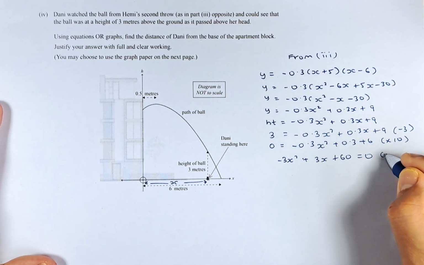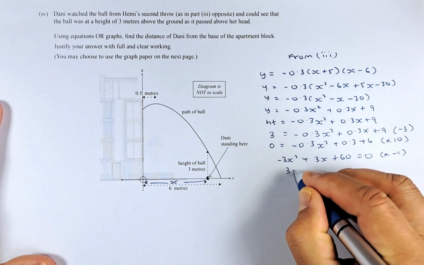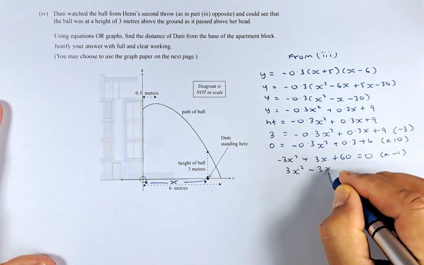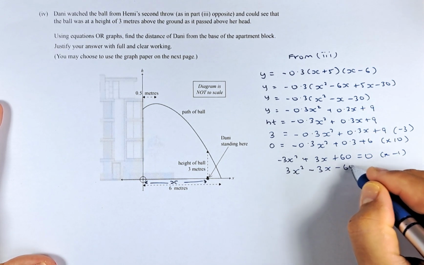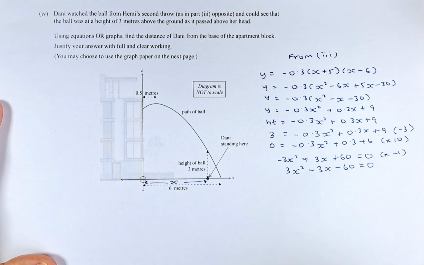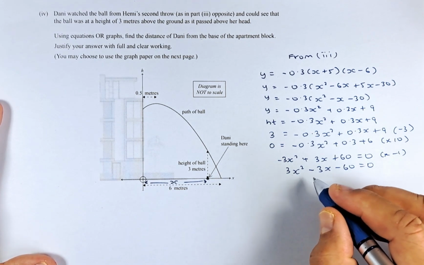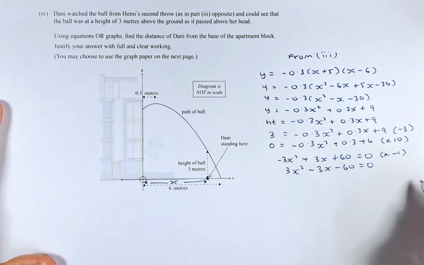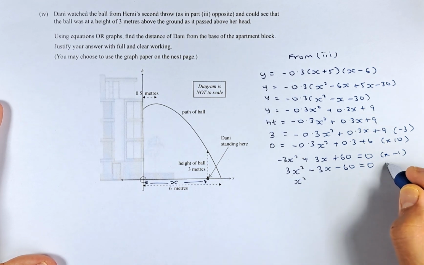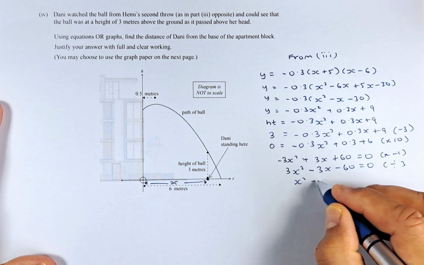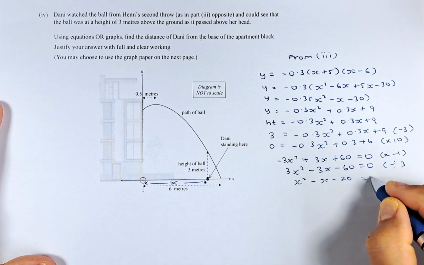We're going to times by minus 1. So that becomes 3x squared minus 3x minus 60 equals 0. We can simplify further by taking out the common factor. So 3 is the common factor, so we divide by 3 throughout. So it becomes x squared minus x minus 20 equals 0.